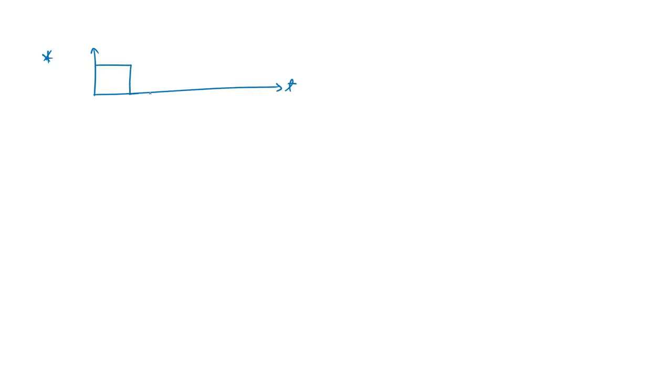So let's say this is my input, with marks at T by 2, T, 3T by 2, and 2T. This is my input.